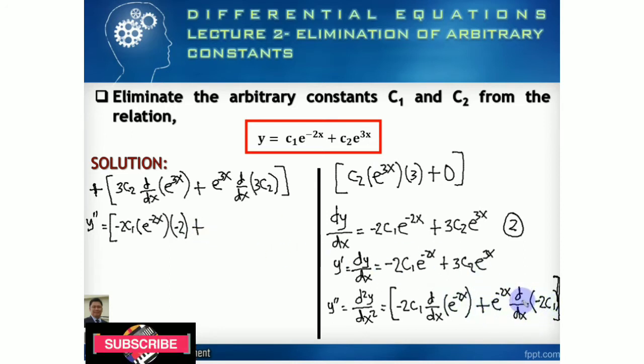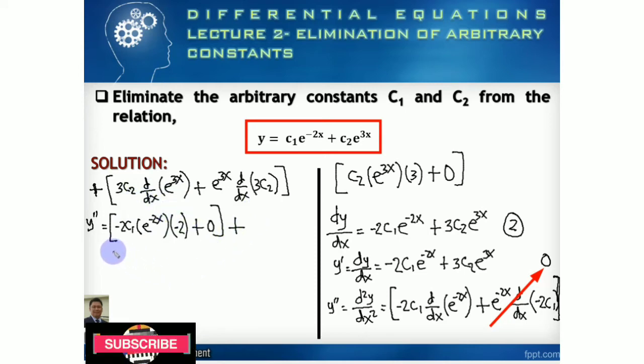Actually the derivative of your negative 2c1, or the derivative of your constant, is just equal to 0. So actually we can directly put this value as equal to 0. Okay, and then for this term, so this is 0 here and bracket, so plus this one.